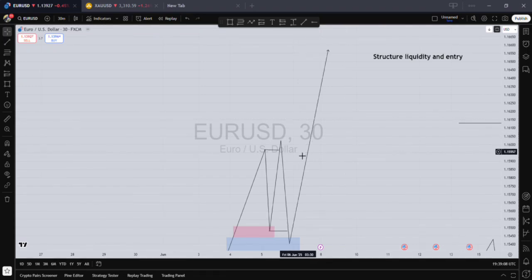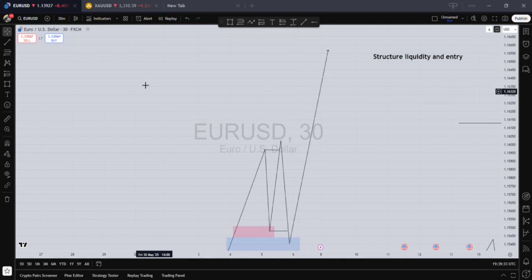Not because it cannot fail, but because if I see it again, the probability of it playing out, as long as there is a target in view, there's a higher time frame target in view that price is yet to take out. As long as there is a higher time frame target in view, I'm so relaxed.